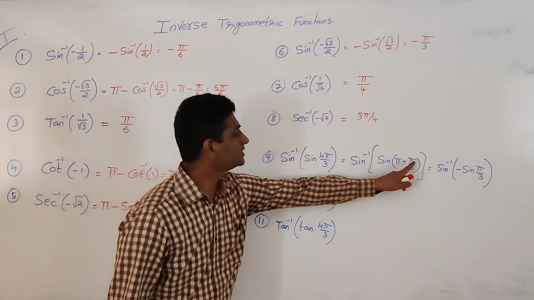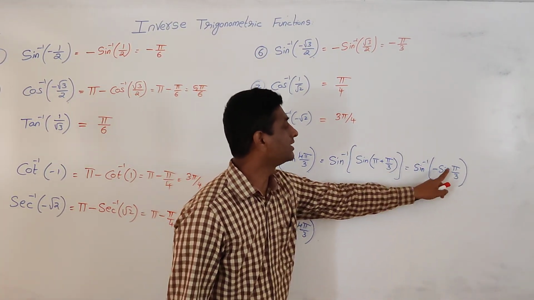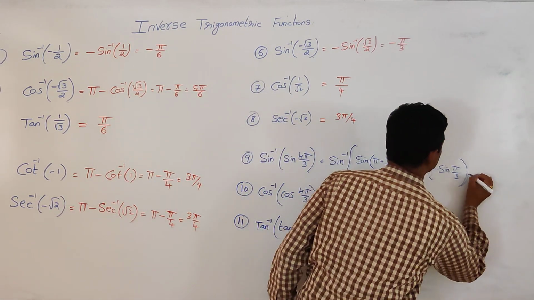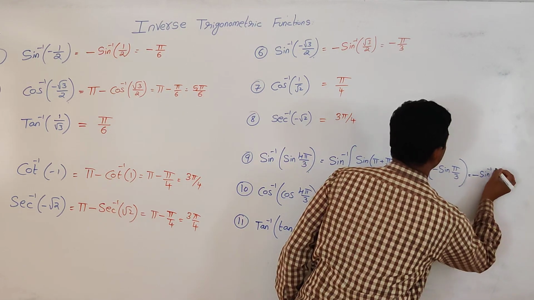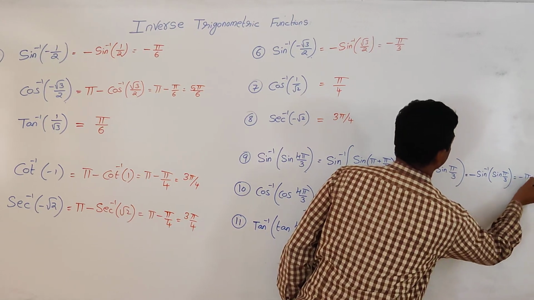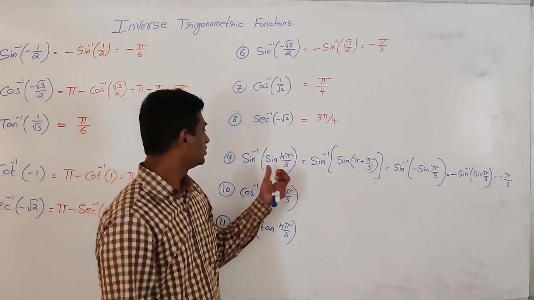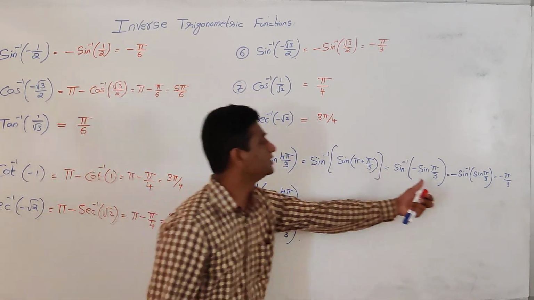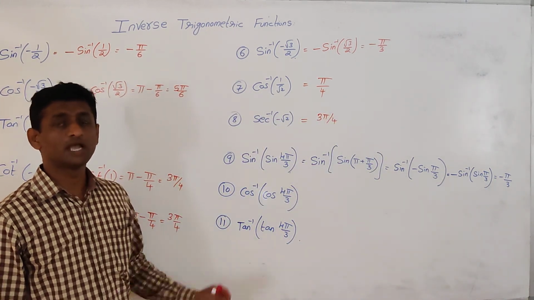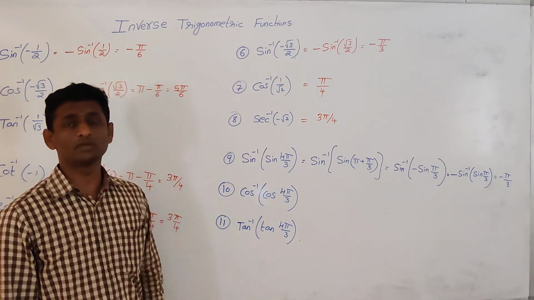Now again sin inverse of minus x is minus sin inverse of x. So it is minus sin inverse of sin pi by 3, which is minus pi by 3. So the value of sin inverse of sin 4 pi by 3 is minus pi by 3. It is not 4 pi by 3, it is minus pi by 3. And minus pi by 3 belongs to closed interval minus pi by 2 comma pi by 2.